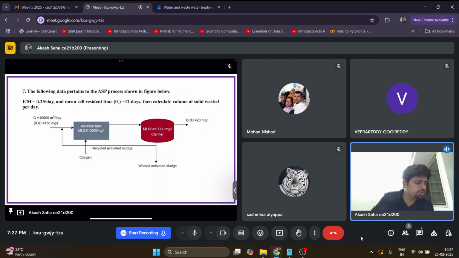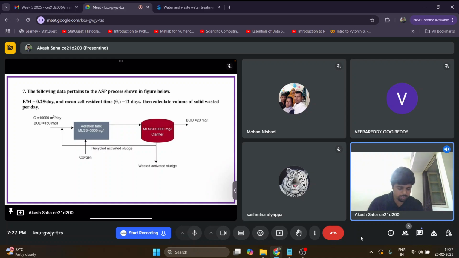Now, a small numerical. It says that the following data pertains to the ASP process as shown in the figure below. The F/M ratio is 0.25 per day. The mean cell residence time, or the sludge age, or the SRT, is 12 days. Then calculate the volume of solids wasted per day.